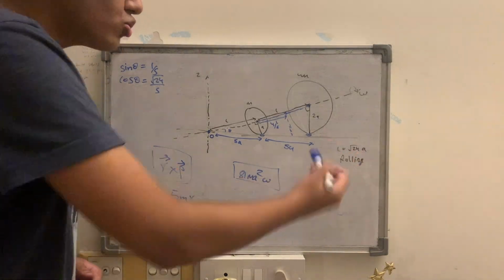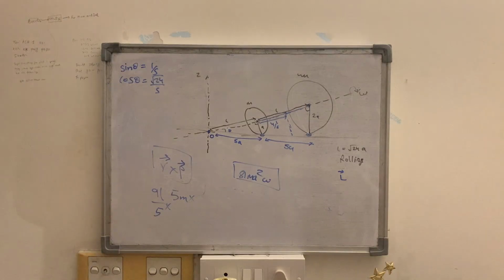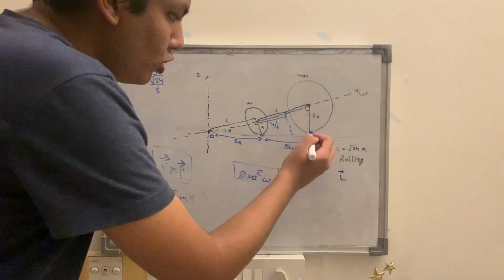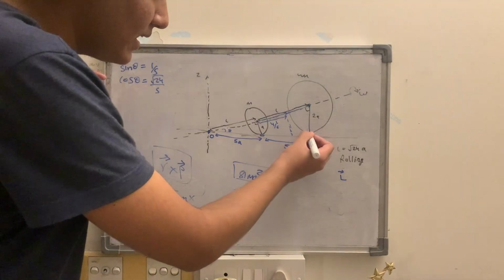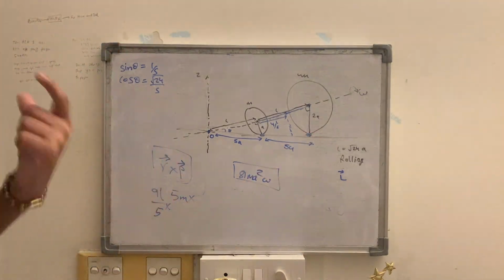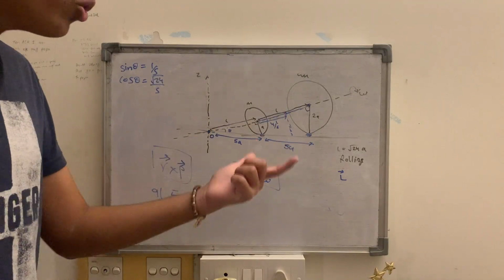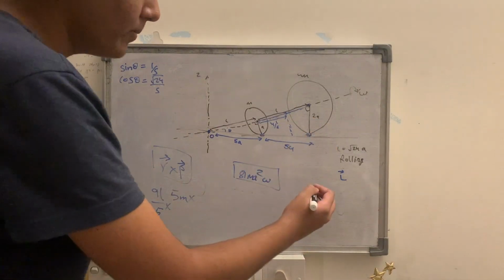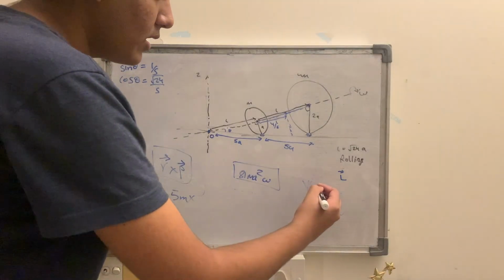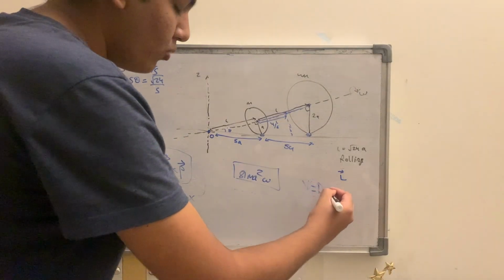That is because this is rolling, purely rolling, right? So for the lowest point, the net velocity has to be 0. For pure rolling, this point should have net velocity 0. So V has to be equal to r omega, right?